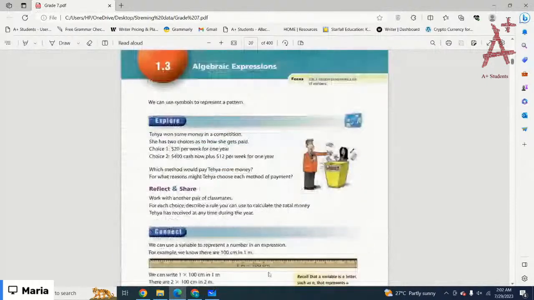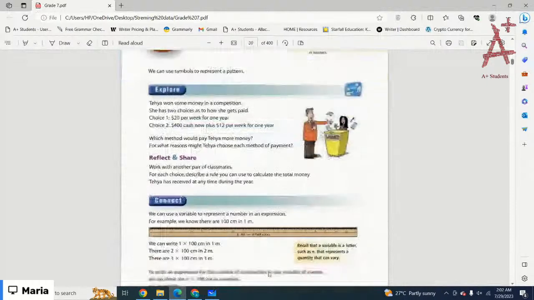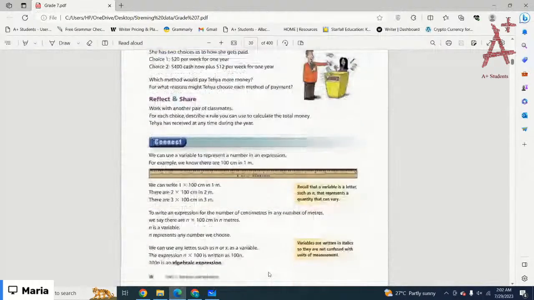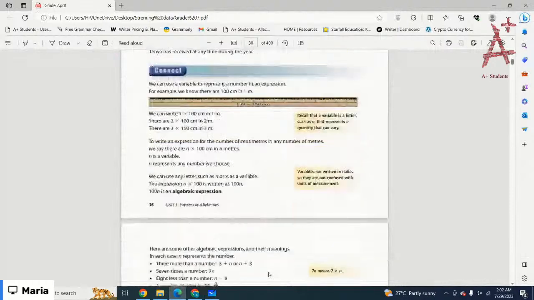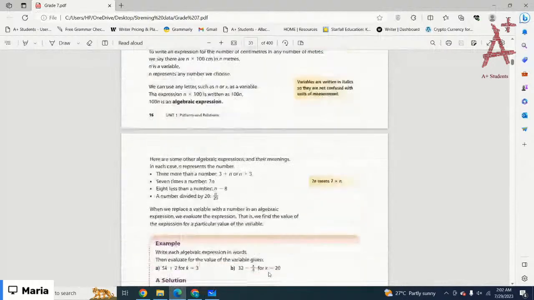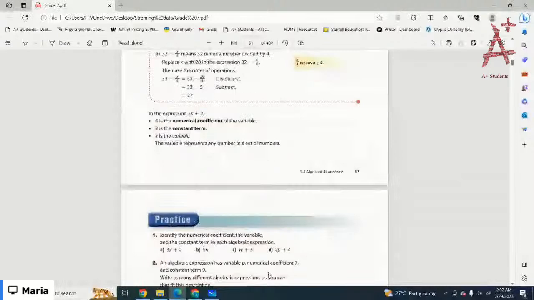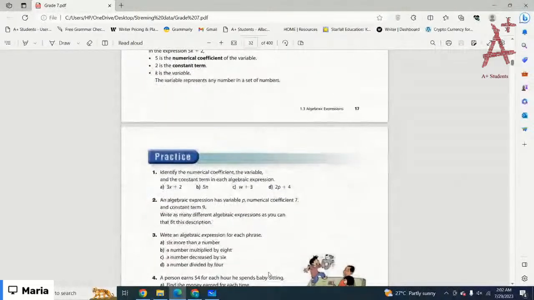Okay, here is the lesson algebraic expressions. So let's just start with the practice questions.